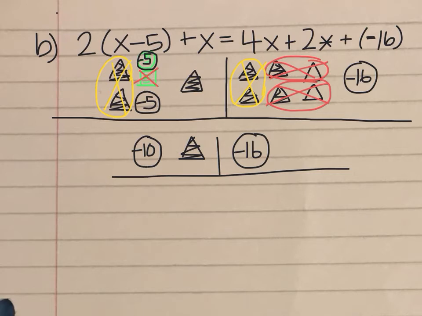So I am going to go right ahead and take 10 negatives off the left because I notice on the right I have enough negatives that I can take 10 negatives off the right as well, and I'll be left with 6 negatives. So I'm going to take 10 off the right, which leaves me with x is equal to negative 6.